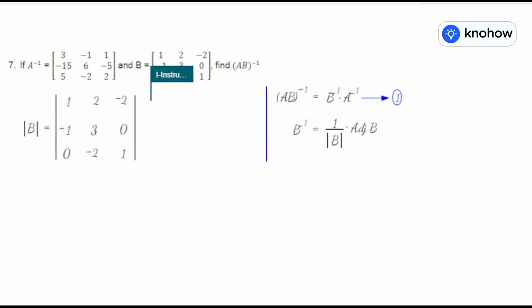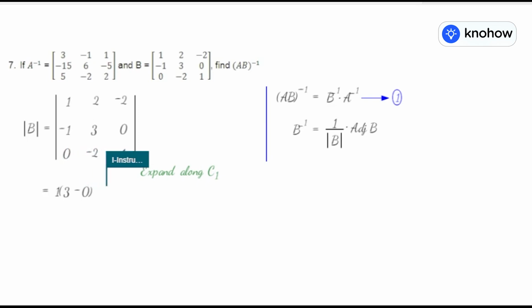Now, because in column 1 you have 1, minus 1, 0, it is better if we expand this determinant B along C1. So you get 1 times, delete the row and column through 1, you get 3 minus 0.